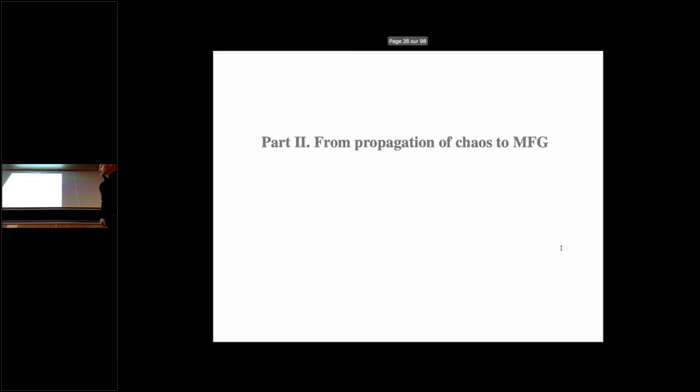Okay. So this was the first part about the original motivation. And now I'm going to follow my program and say, I would like to pass to the limit when n tends to infinity. In fact, I'm not going to do that directly. This would be very, very difficult to do directly. And you will see tomorrow some tools to pass to the limit properly when n tends to infinity.